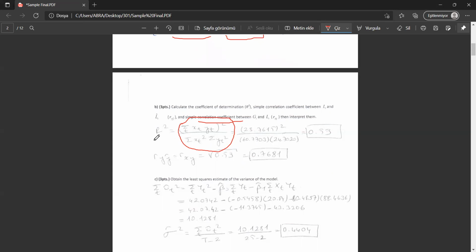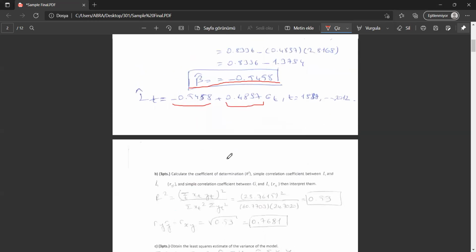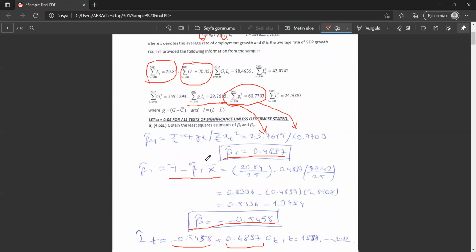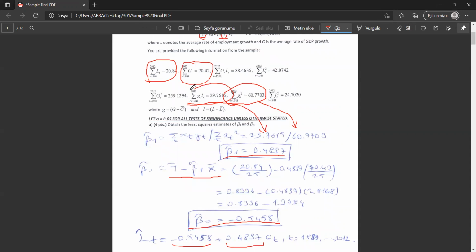So in order to calculate the R squared, we just wrote the squared version of the correlation coefficient between x and y. Here we have the summation of small xt, small yt. We can see its value here.